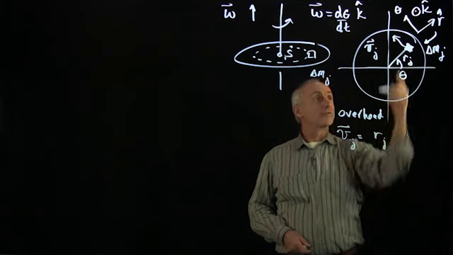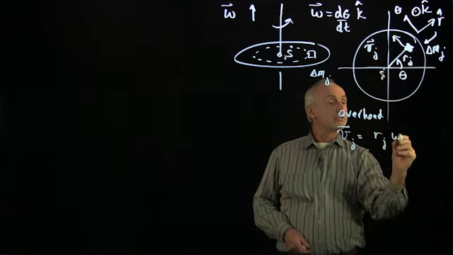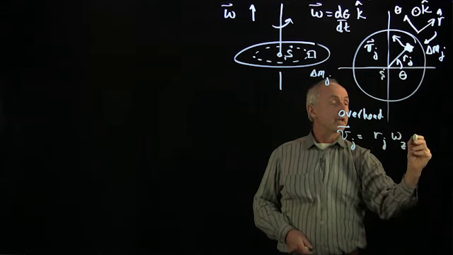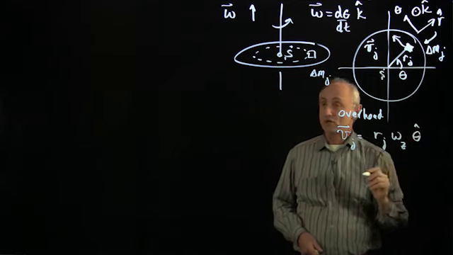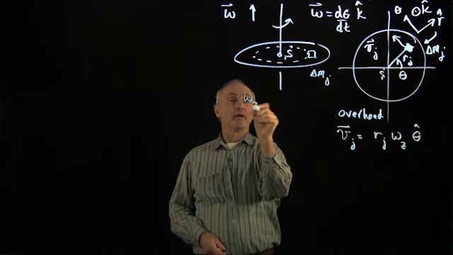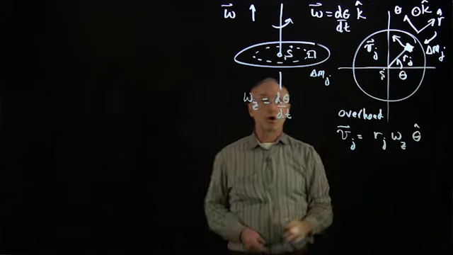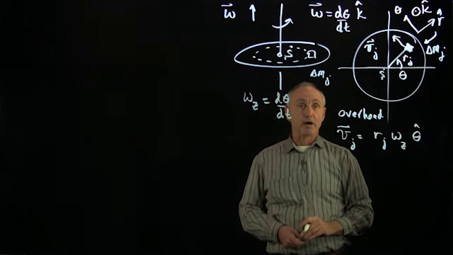It's how far we are from the center point, S, times the z component of the angular velocity, and it's pointing in the tangential direction. So remember that omega z is equal to d theta dt. And this describes our coordinate system for the rigid body.